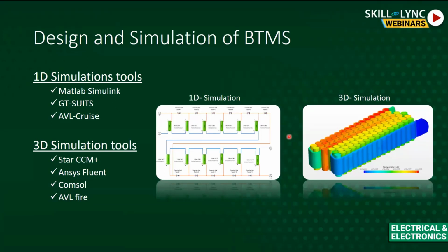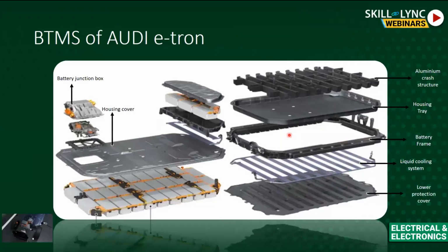After this, let's see how it looks in a real battery pack. This is the Audi e-tron battery thermal management system, a liquid-cooled battery pack. Here you can see these white boxes; those are the modules of the battery.